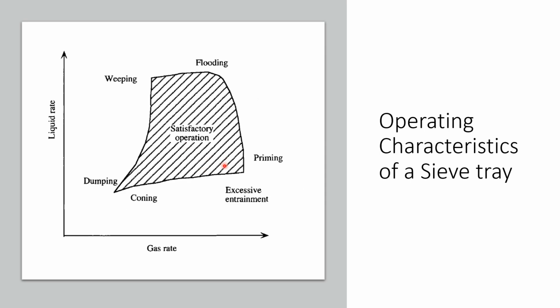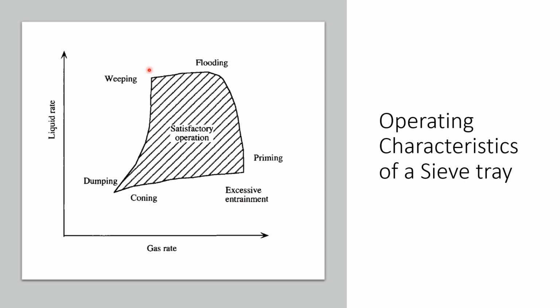Now, the design constraint for the design of the tray tower in terms of diameter is all based on fluid dynamics. We need to make sure that we don't have flooding, otherwise the process will be unusable and we will have to shut down. We need to make sure that we don't have excessive entrainment, too much liquid carried upward by the gas.